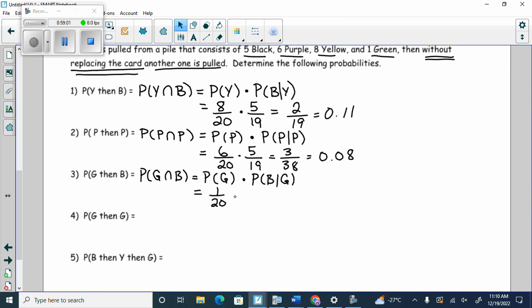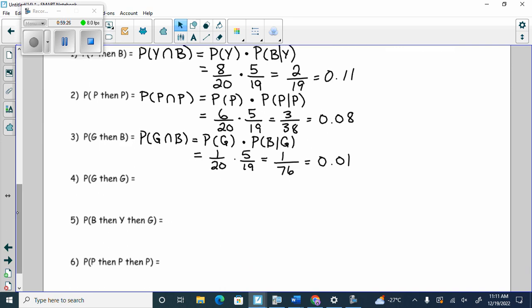How many black are there? 5 out of 19. If we have 3 things, we're literally just multiplying 3 things, right? But I'm not going to worry about that. I'm just going to do number 4 and then we're moving on.